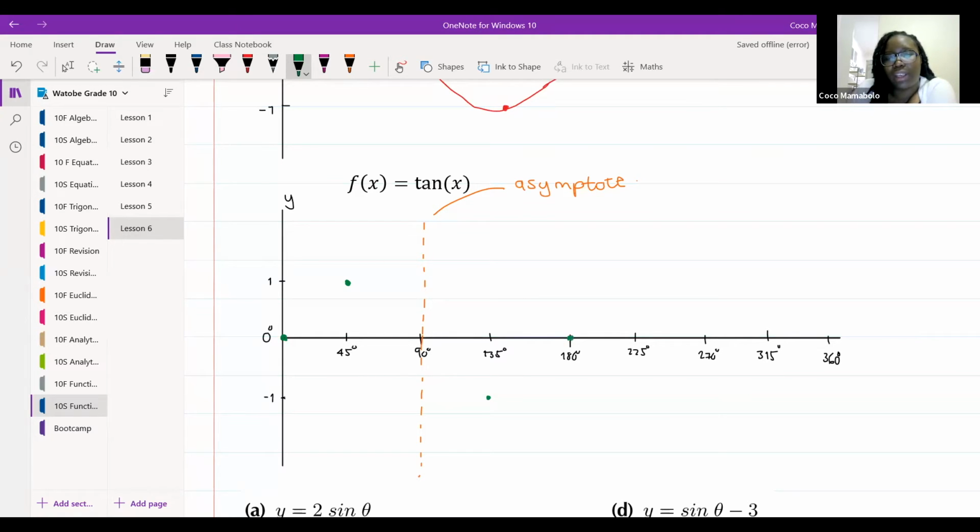Cool. Do the next one, guys. You know what's coming. Keep going. Tan of 225. Good. It's 1. And we already know tan of 270 is undefined, it's going to give us a math error. So that also becomes an asymptote.